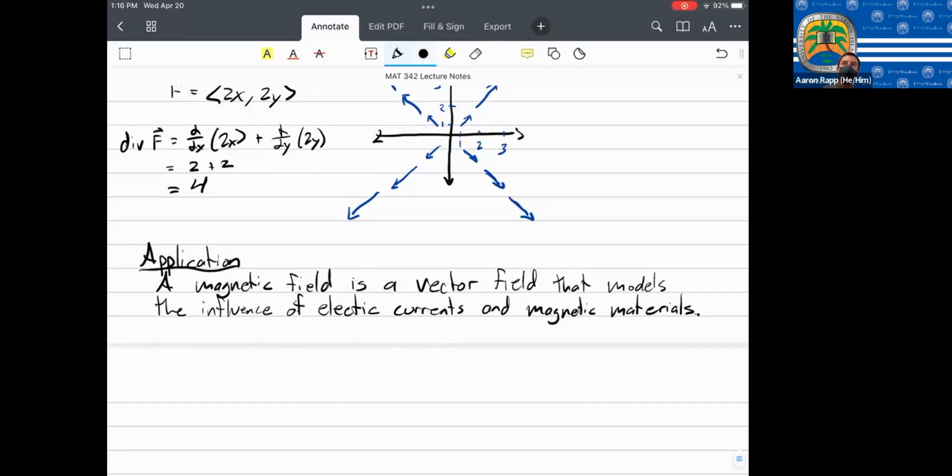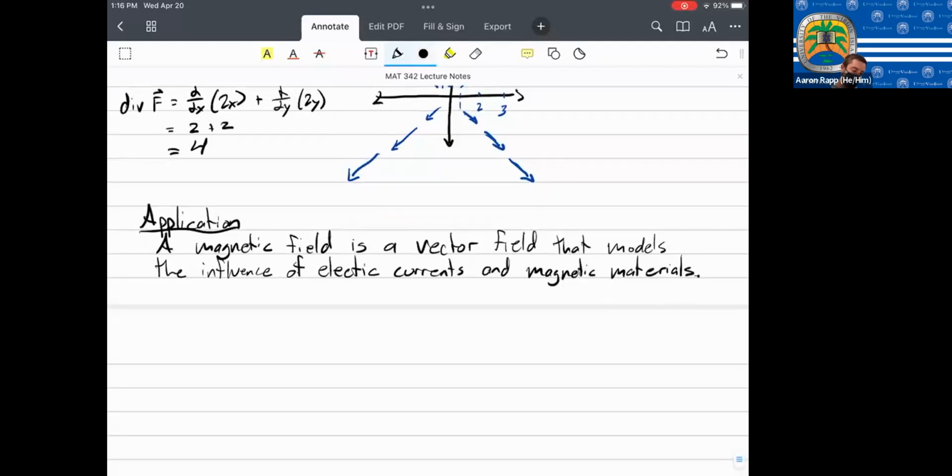So magnetic fields are just vector fields. Anyone familiar with Gauss's law when it comes to magnetic fields? What does it state?